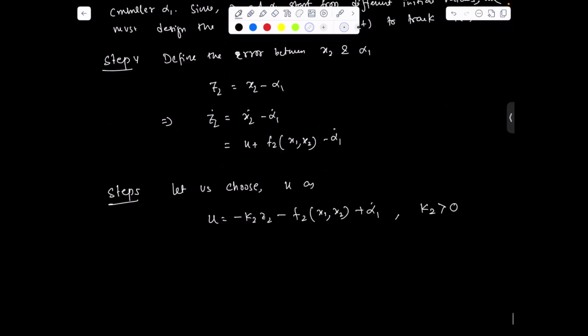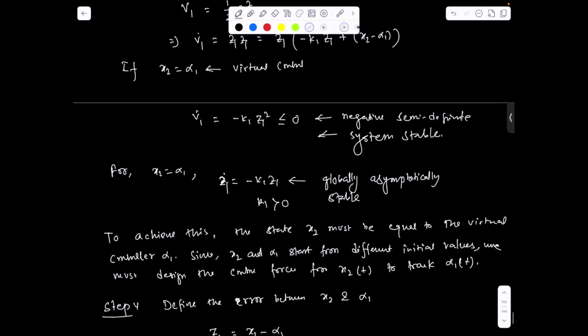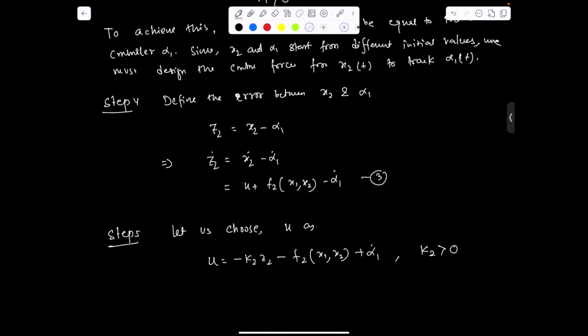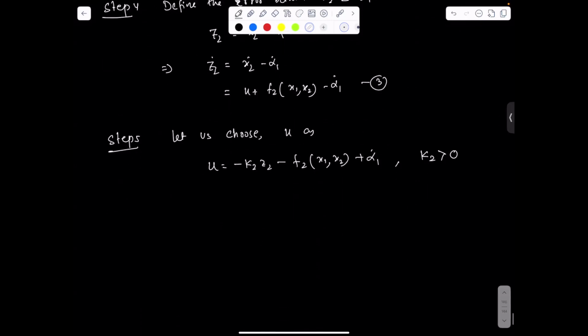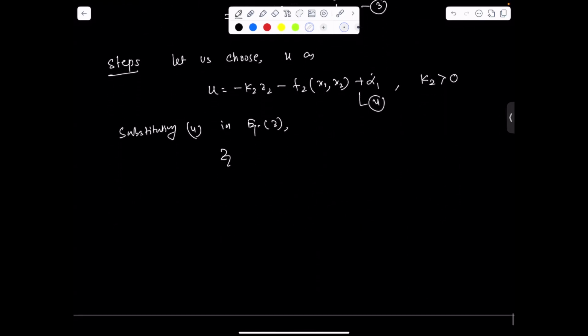Now, let us define this equation number. Let us define this as 3, and this as 4. Now substituting 4 in equation 3, we can write Z2 dot equal to minus K2 Z2.